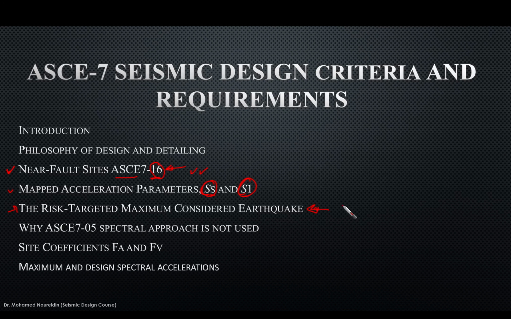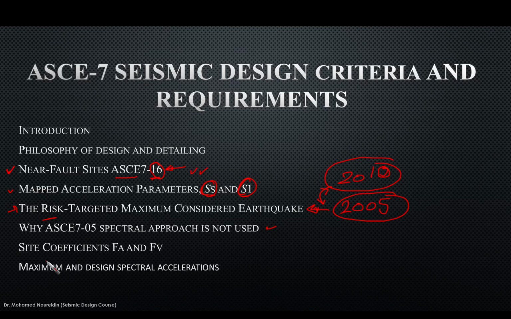If we compare it to 2005, before we were not talking about risk targeted, but starting from 2010 we started to talk about the risk targeted maximum considered earthquake. So there is a great difference between the two versions, 10 and 5 of ASCE, and I'm going to give some hints about this. And why the ASCE 7 spectral maps approach is not used anymore. I'm going to explain about this point.